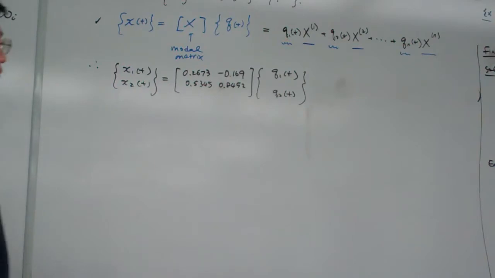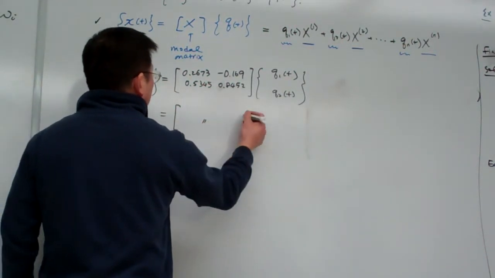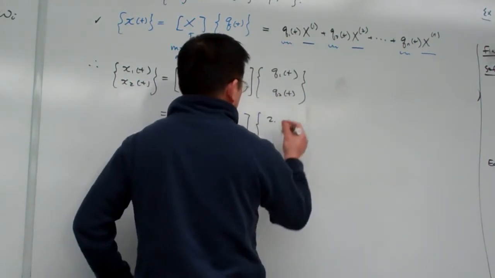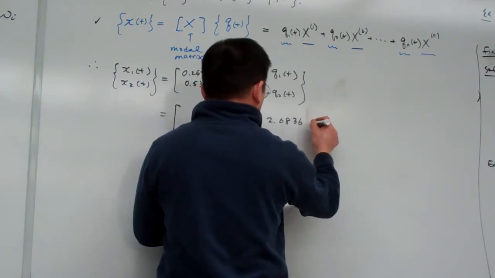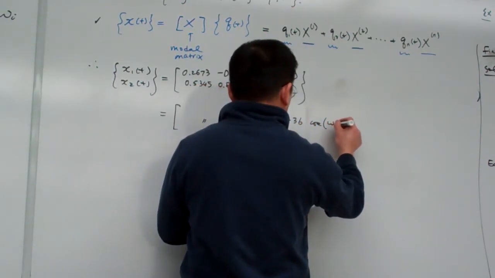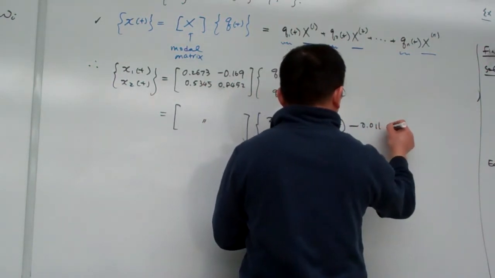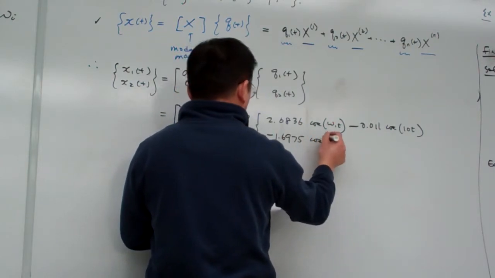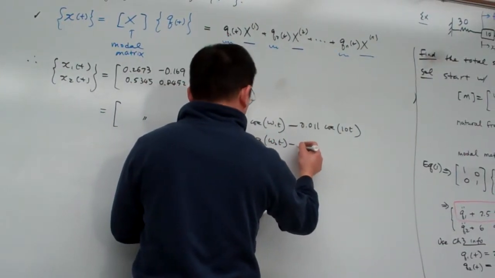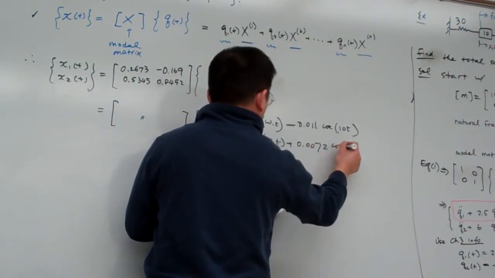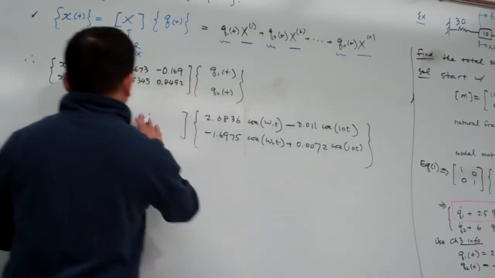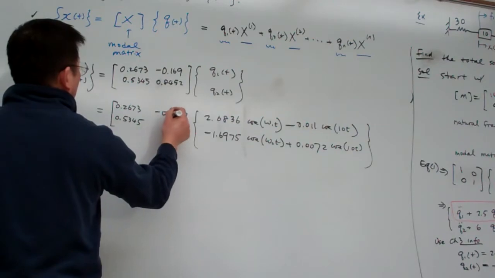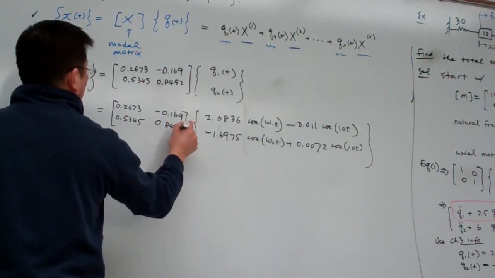And what is Q1, Q2? Let me copy the Q1, Q2 to here. Something like this.